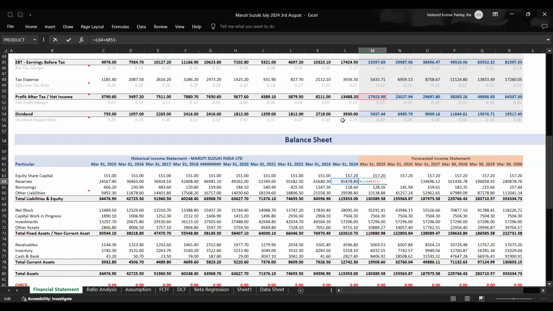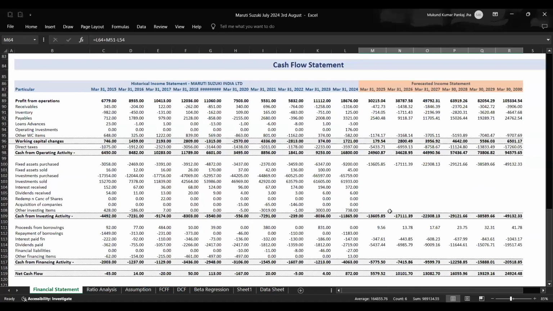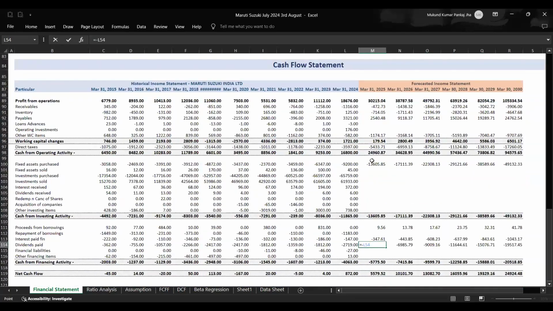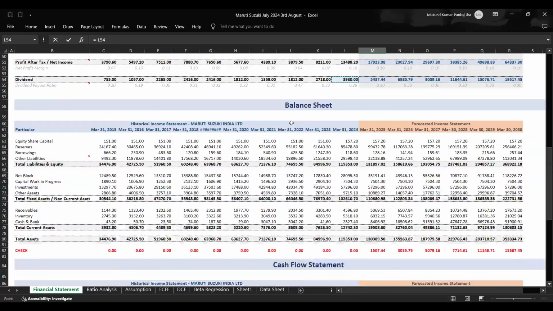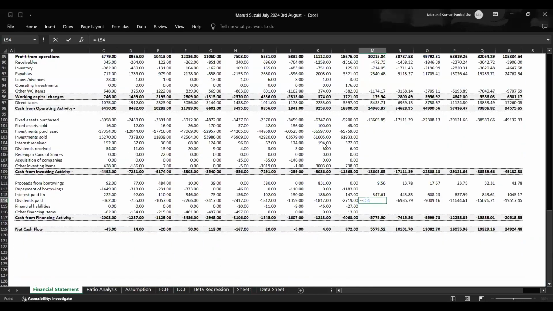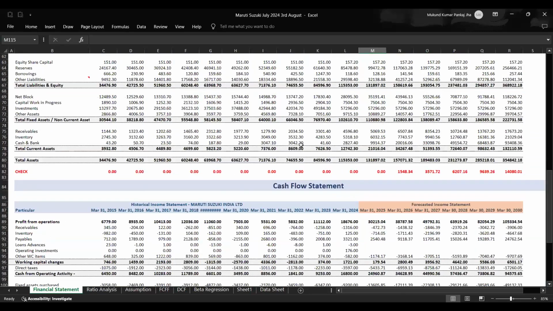So you are saying this is going to happen, minus, and then we will have to take dividend for the last dividends paid. 3930. Just a second. Okay.